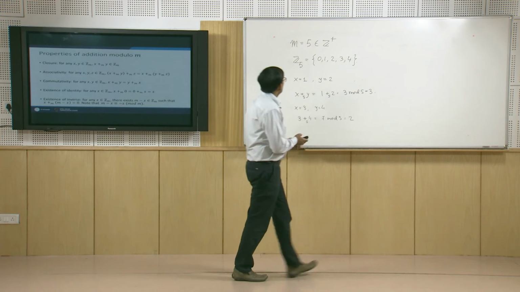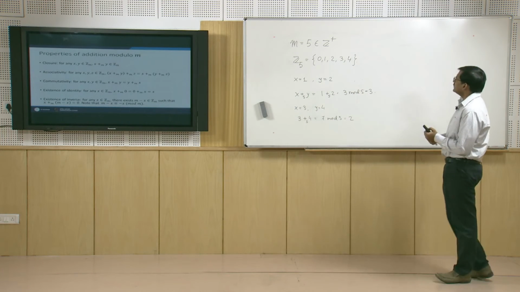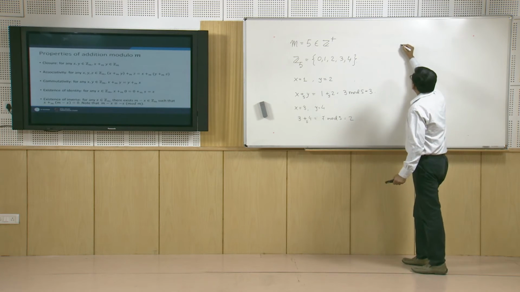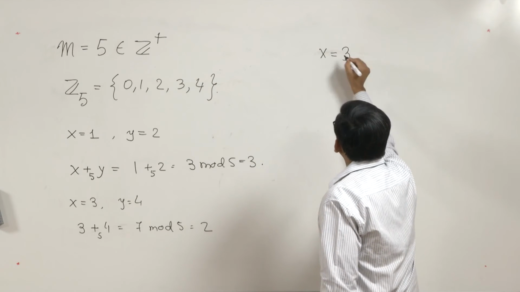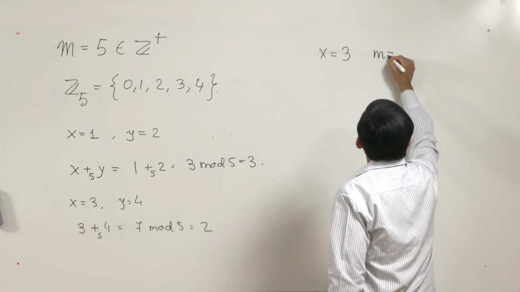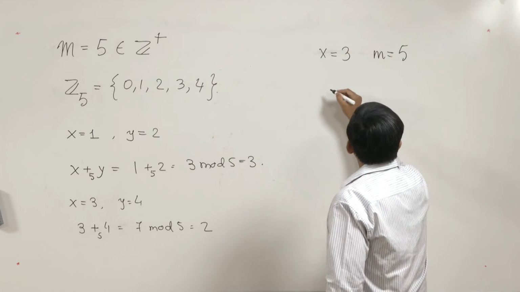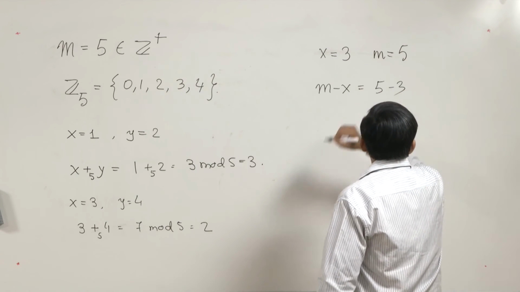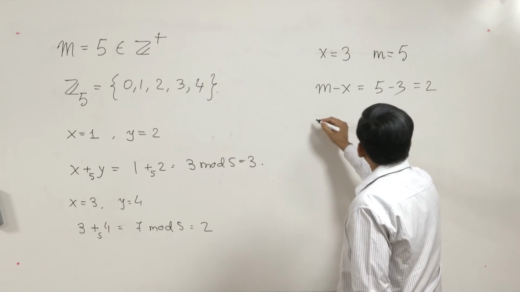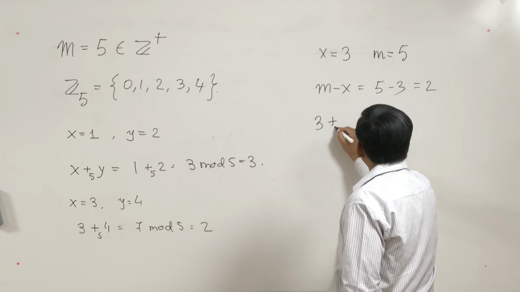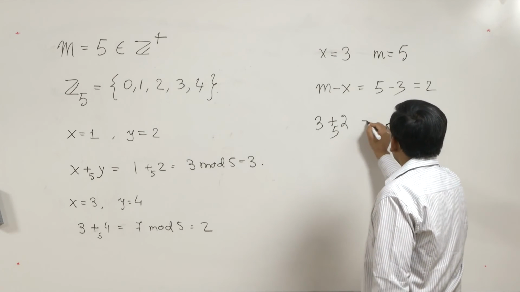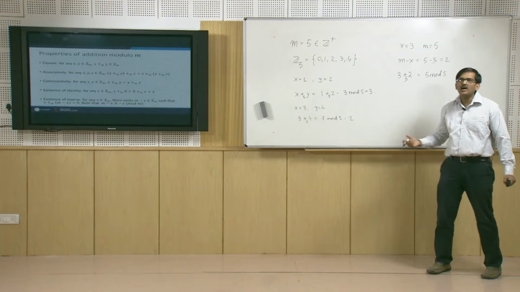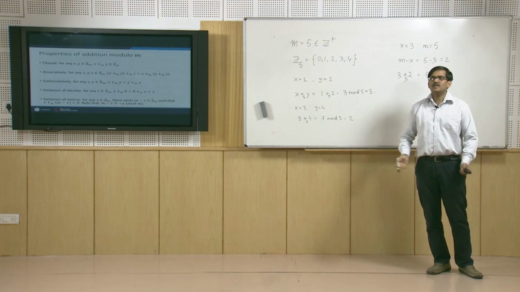So, let us take an example over here. Let us take 3. If you give me 3, so let us suppose my x is 3 now, and the modulus is 5. So, I compute m minus x, which is equal to 5 minus 3, which is 2. Now, see, if I add 3 modulo 5 2, I get 5 mod 5, and if I divide 5 by 5, the remainder is 0.